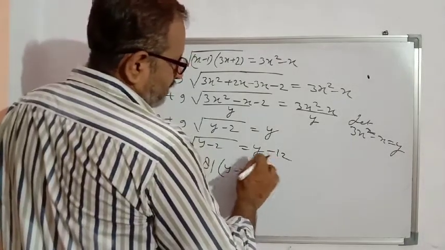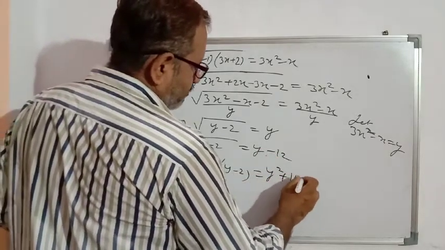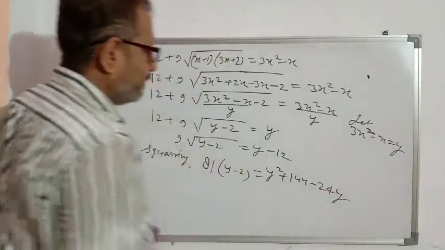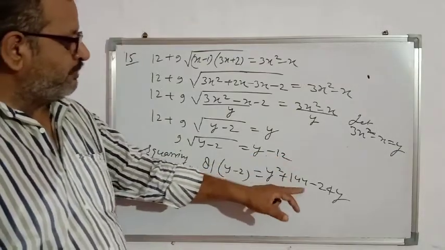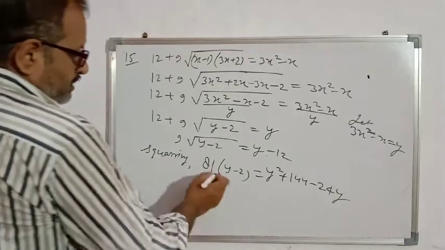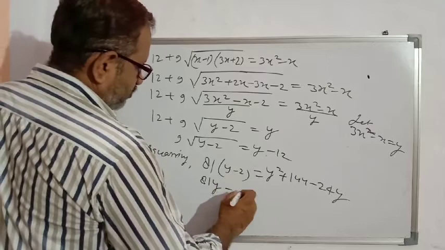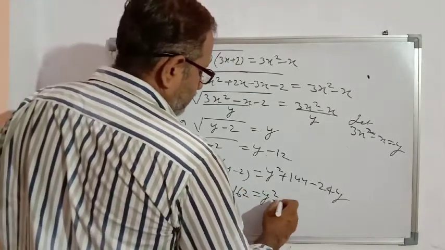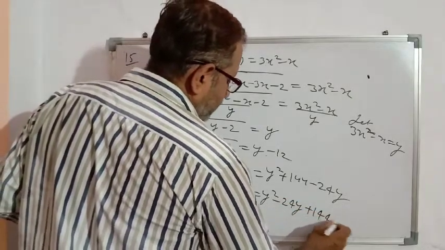On the right side, (a minus b) whole square: a square y square, plus b square 144, minus 2ab, so minus 24y. 2ab is 2 into 12 into y, which is 24y. Open the bracket: 81y minus 81 into 2, that is 162. So 81(y minus 2) equals y square minus 24y plus 144.